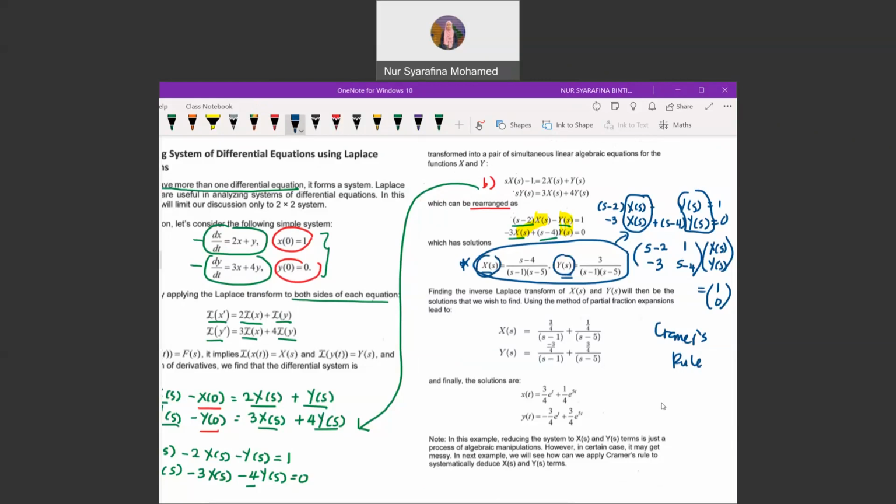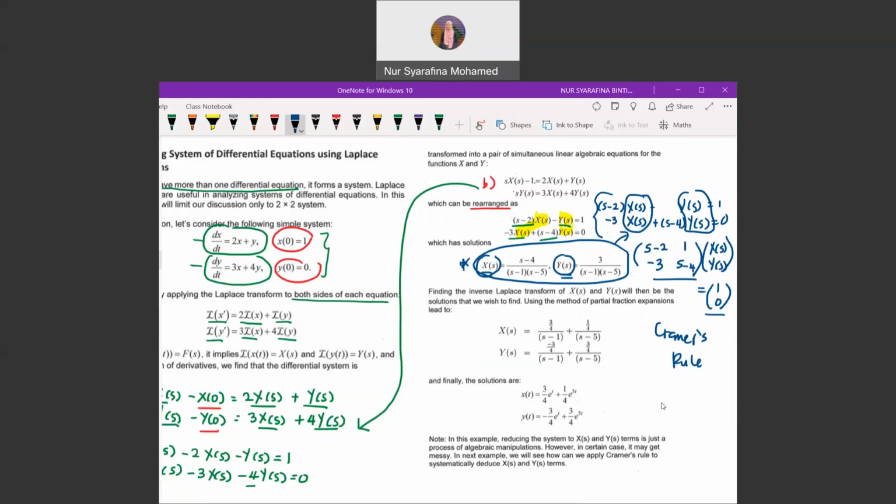Usually it is easy for you to convert this system to a matrix system, and then you can solve it by using Cramer's rule, because it involves many variables. So using Cramer's rule will ease the process.